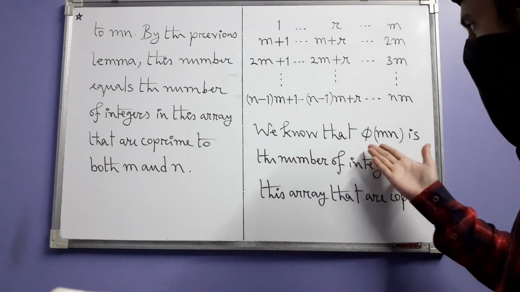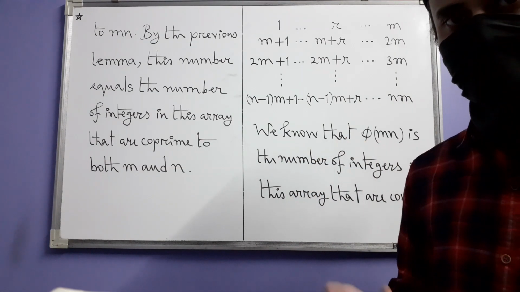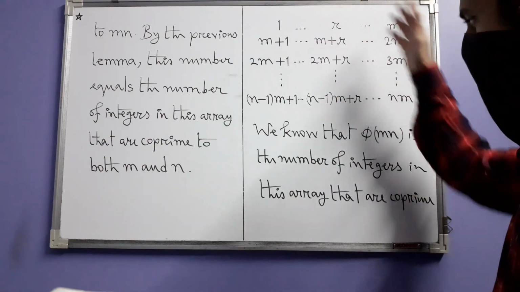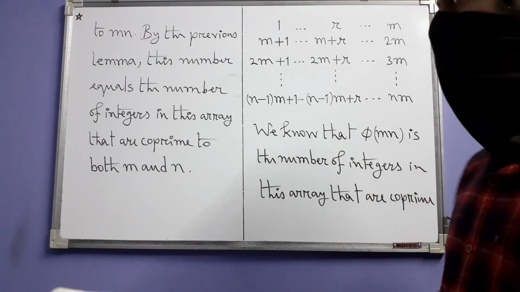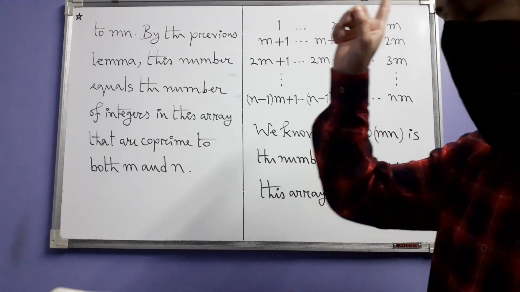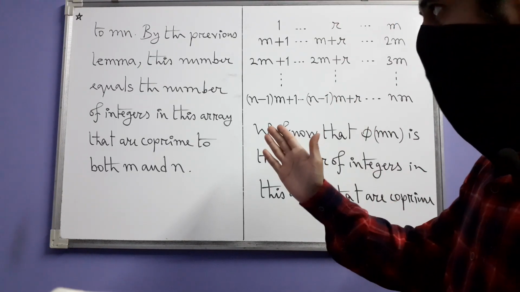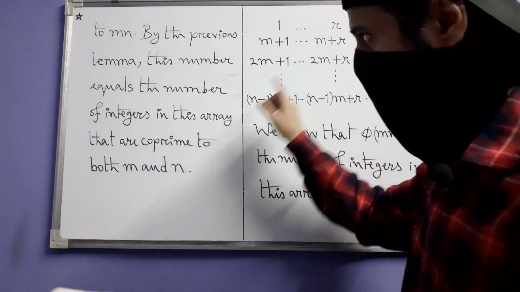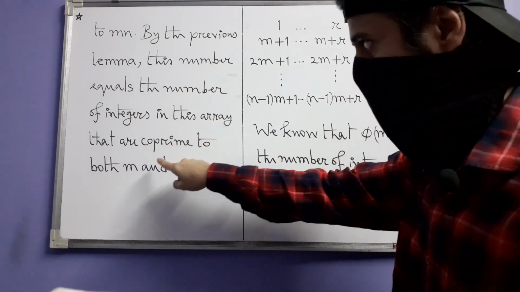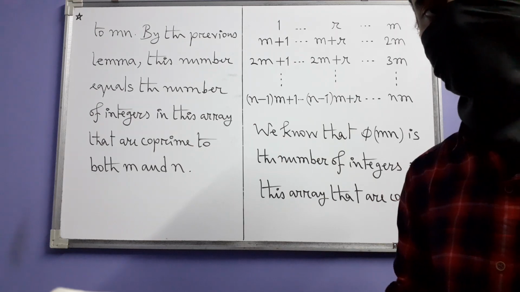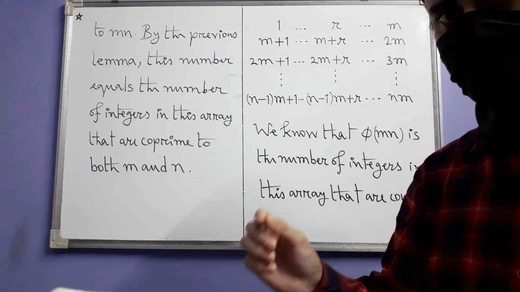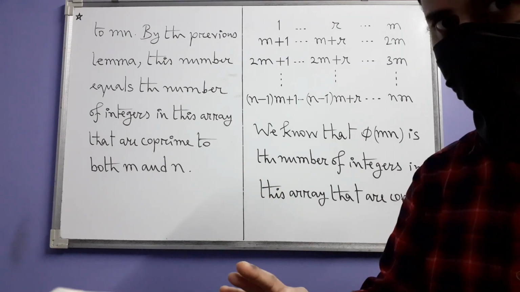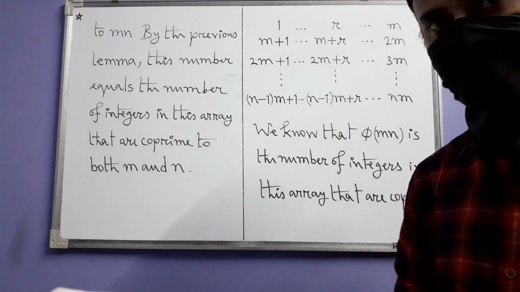Now we know that phi of mn is the number of integers in this array that are co-prime to mn by definition, of course. And by the previous lemma, that number also equals the number of integers in this array that are co-prime to both m and n simultaneously. GCD of a and bc is 1 if and only if GCD of a and b is 1 and GCD of a and c is 1.